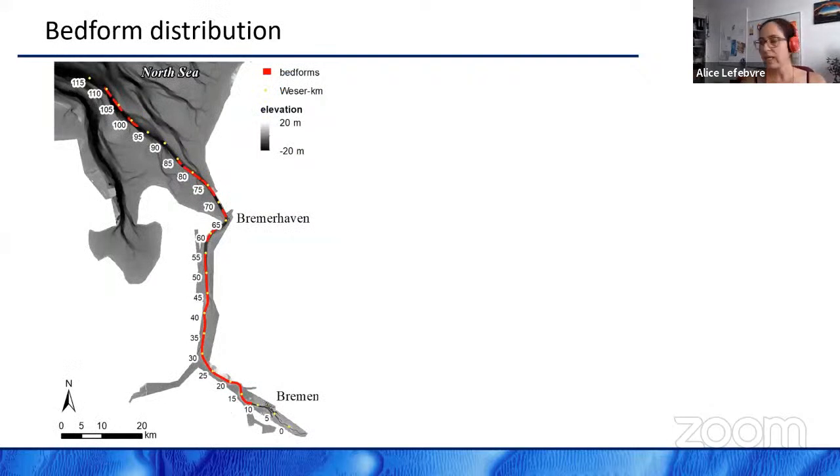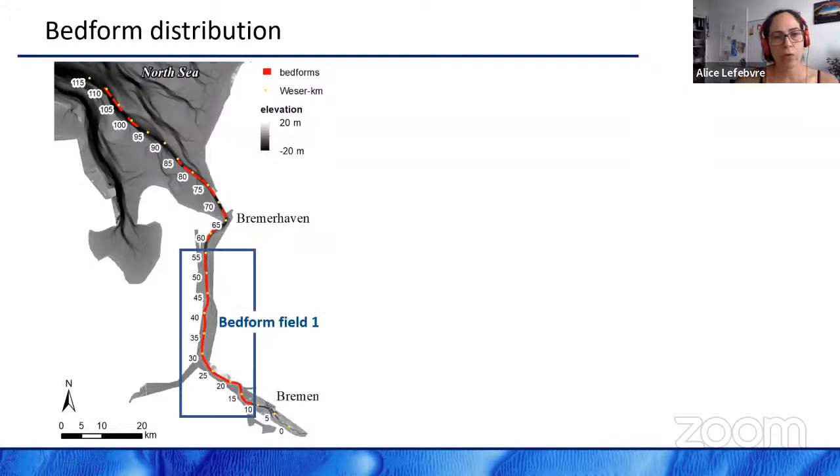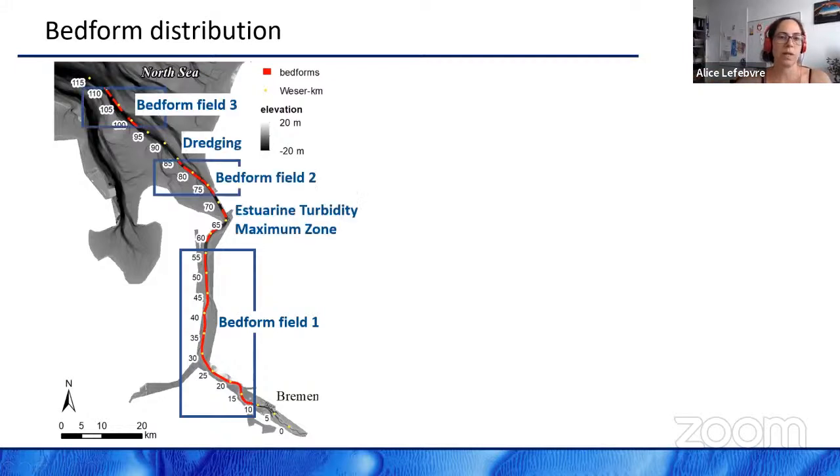Let's dive directly into the results. Here, once again, we have the estuary, and in red I put where I found that there were bedforms. There were dunes. And there are three main bedform fields. There is this one, which is by far the most impressive. Between kilometer 10 and 55, the whole place is just covered with dunes.